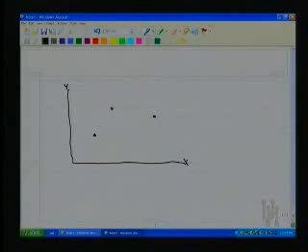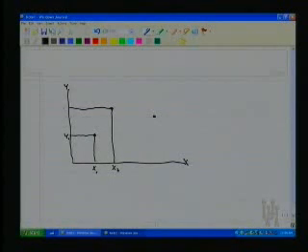Let's presume that we have 3 data points. When X is X1, Y equals Y1. When X is X2, Y equals Y2.